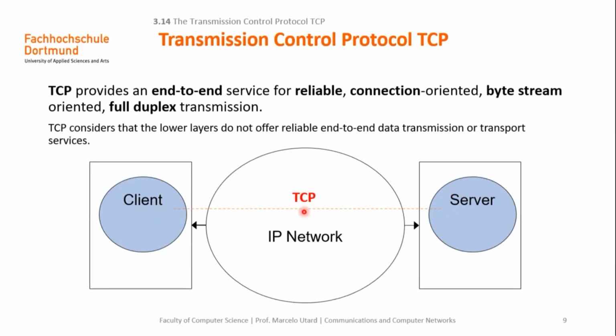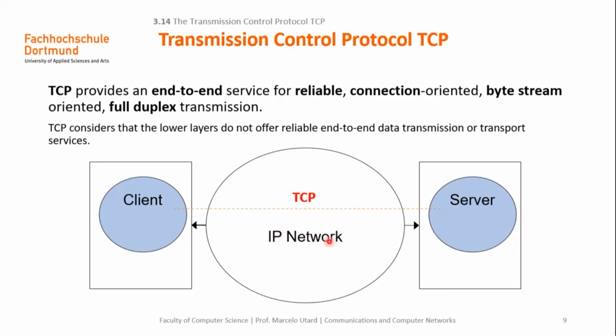And typically, the intermediate systems like routers don't intervene, don't process the TCP segments, only the IP datagrams. That's why TCP provides an end-to-end service for reliable, connection-oriented, byte-stream-oriented, full duplex transmission. That is TCP.